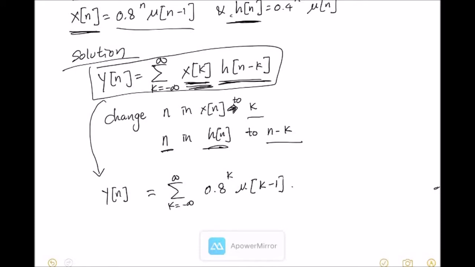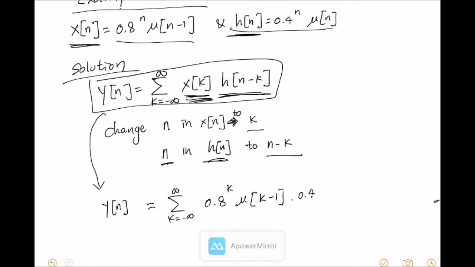For the hash n minus k, you have 0.4 power of n, and all change to n minus k. So now you have 0.4 power of n minus k. This one also the same, u n minus k.